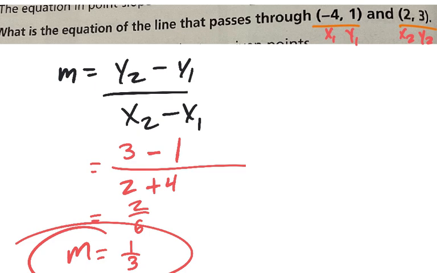We had to take the slope and a point and plug it into slope-intercept form to then find the y-intercept, to then plug that b value in, right? There was all those steps. But now, I have everything I need. I know the slope. I know a point. So, I can just plug into point-slope form. Y minus y1 equals m times x minus x1.